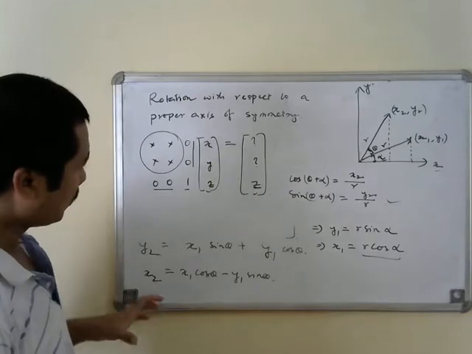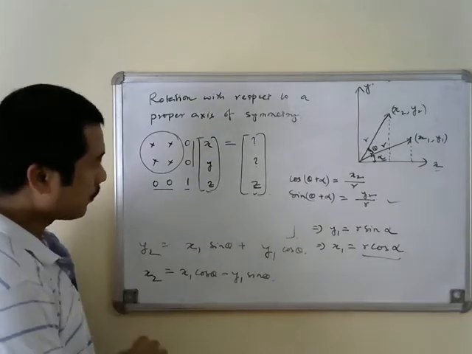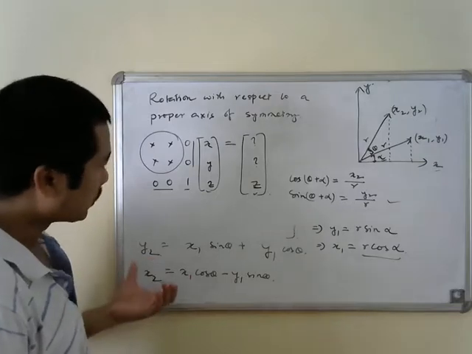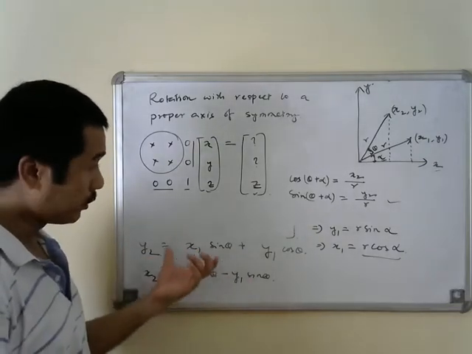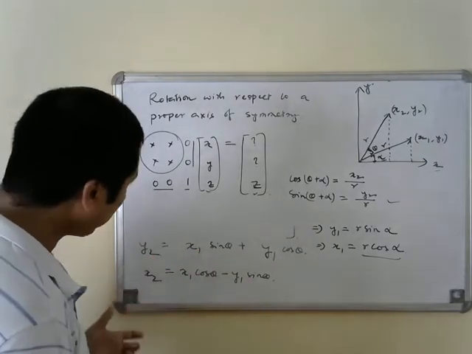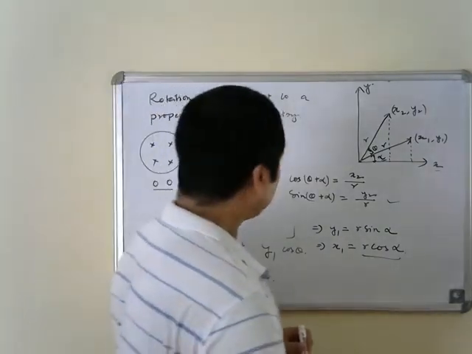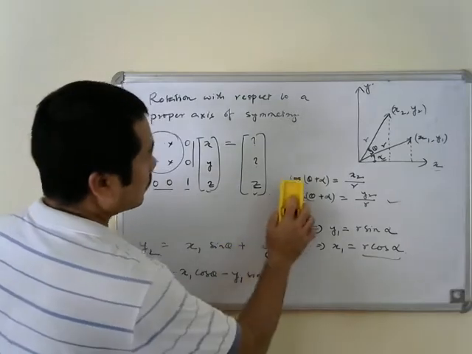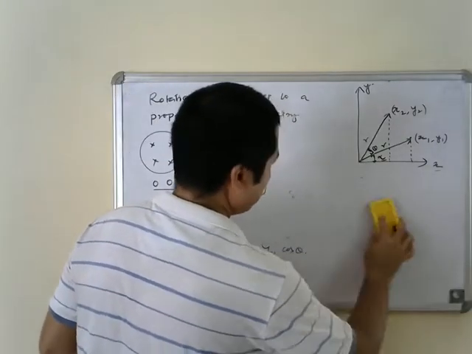So now we know that when we do the rotation by angle theta, this is what happens to the final coordinates of the point in terms of x1 and y1.